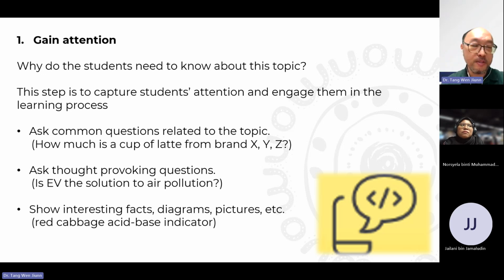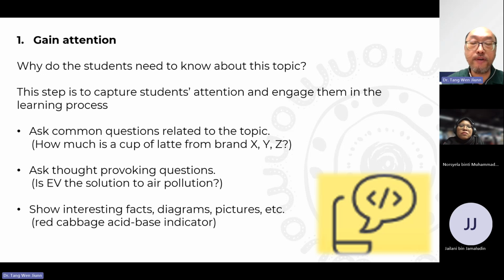So before we start, we start slow, and we gain attention. We can tell them why they need to know about this topic, and try to get their attention on what we want to teach today. We can always start by asking common questions related to the topic.